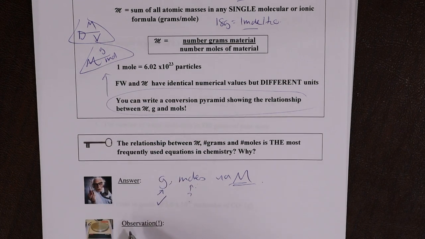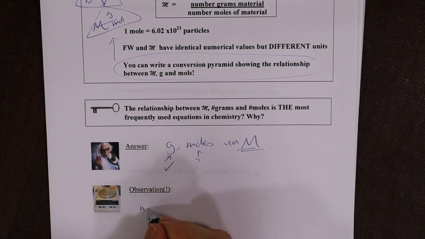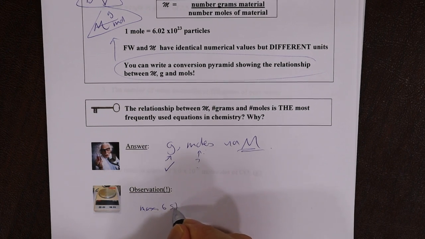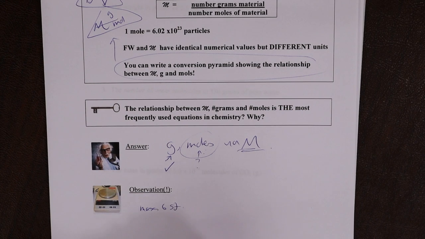Did you ever wonder why we have a bunch of $2,000 balances in our lab? And I stand there and I'm really annoying and I stare at you when you weigh stuff because I know you're going to break the balances at some point. But it's a risk worth taking because this gives you the mass to a very, very large number of significant figures, like 3 decimal places, maybe 6 significant figures. If I've got the mass to 6 sig figs, that means I can work out the moles with this math to 6 sig figs.